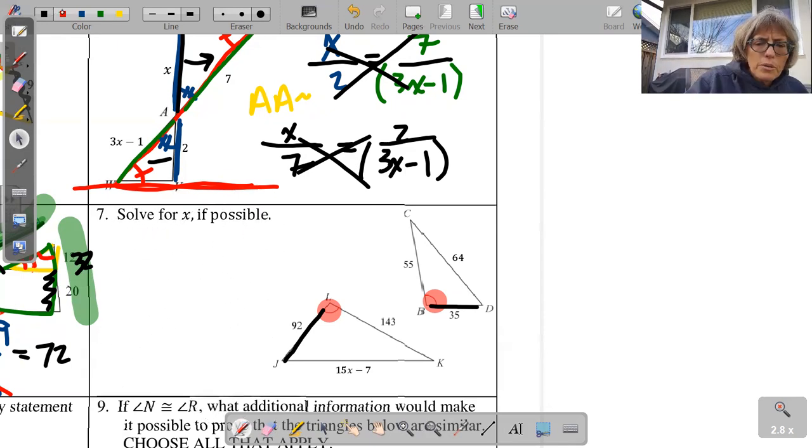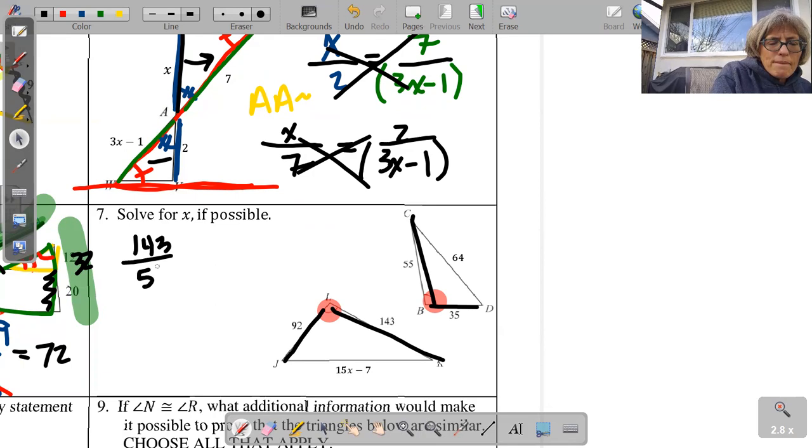Let's check here. 143 and 55. I know 11 goes into 55, so that's 11.